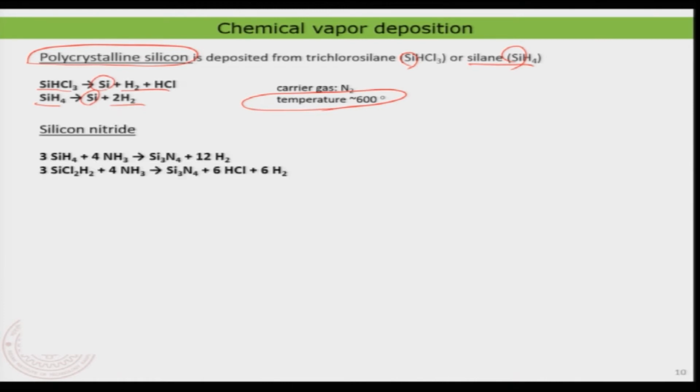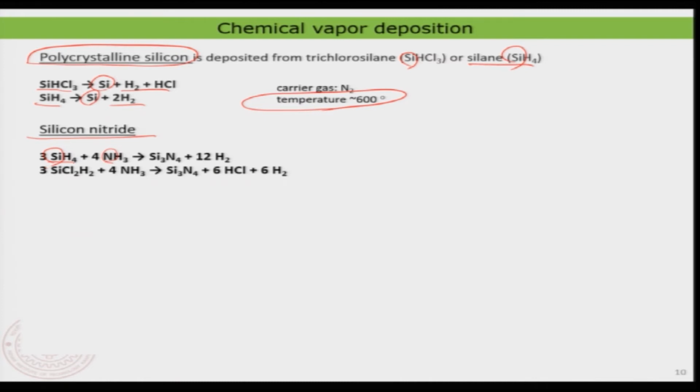I will help you understand this by taking a few examples. If I want to generate, for example, a silicon nitride layer, which is quite important in technology, what I need is again silane, but I also need nitrogen, because in the final product I want to have silicon and nitrogen.